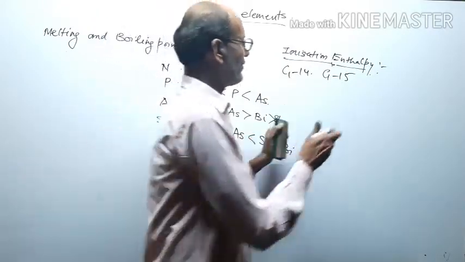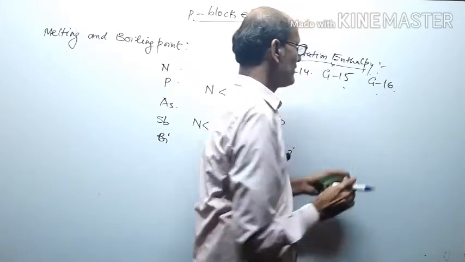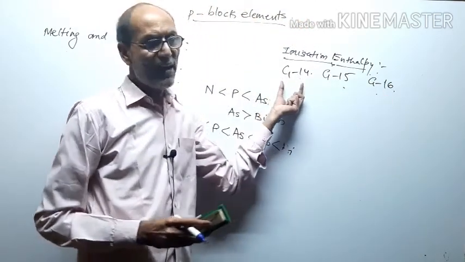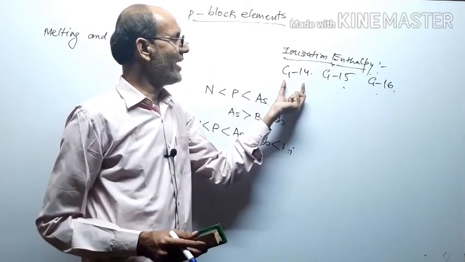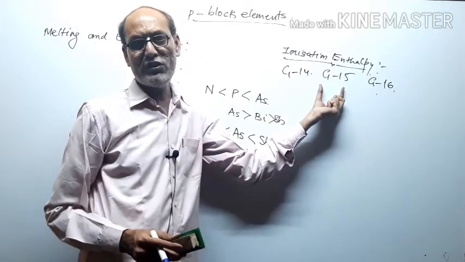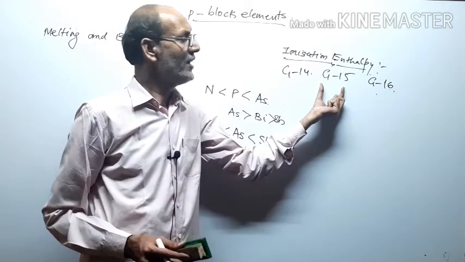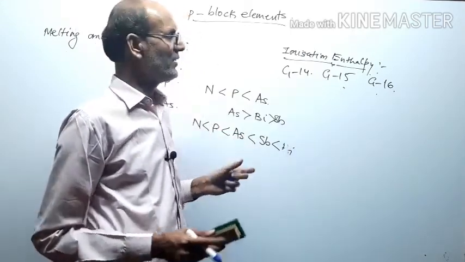Between group 15 and group 16 it will not be very large, so we observe a large difference between the ionization enthalpy of group 14 and group 15.